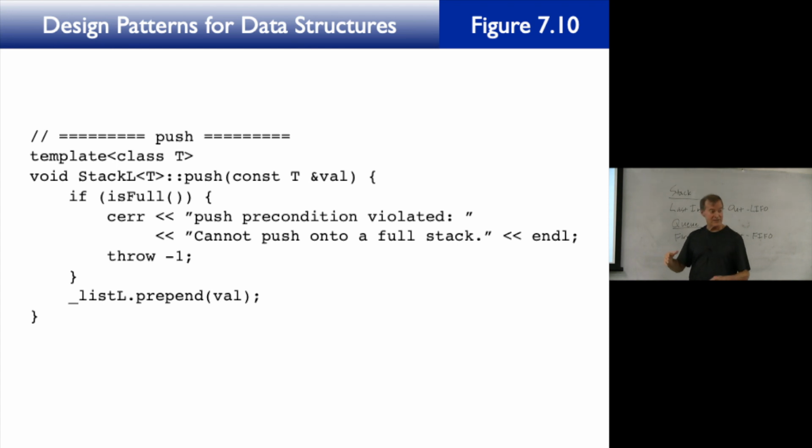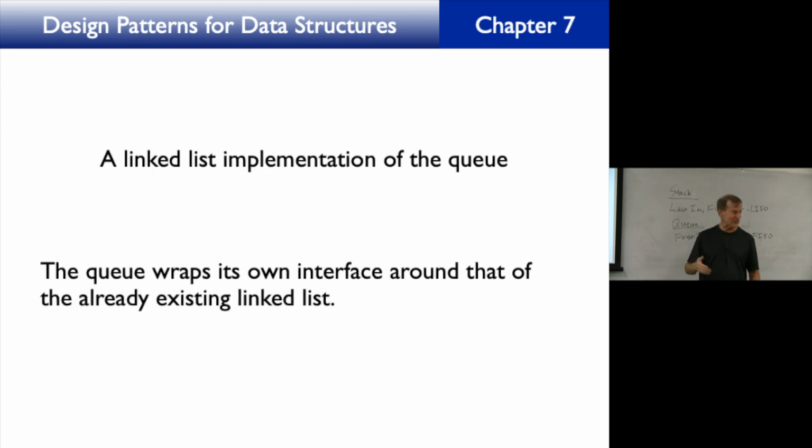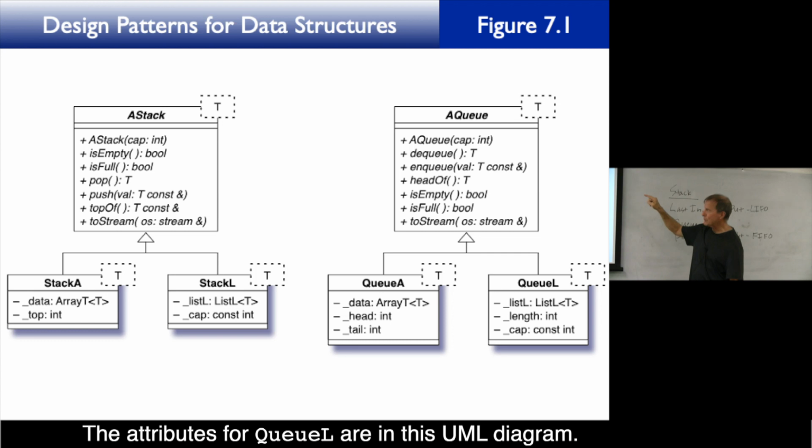So for a Q, there's also, this is stack L, there's also going to be a QL. And all you have to do is, I think, a linked list implementation of the Q wraps its own interface around that of the already existing linked list. And so here I'm going to let you do the attribute for that.